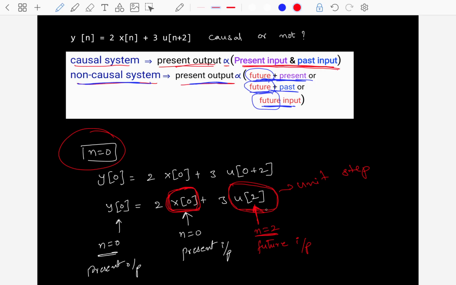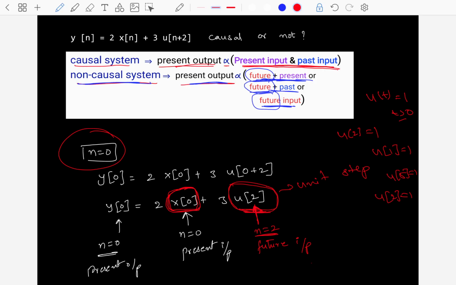This is a constant because u of 2 is equal to 1, since u of n is equal to 1 for n greater than or equal to 0. Means u of 1 is equal to 1, u of 5 is equal to 1, similarly u of 2 is equal to 1. So this is a constant.